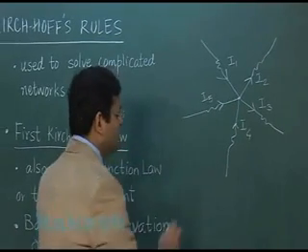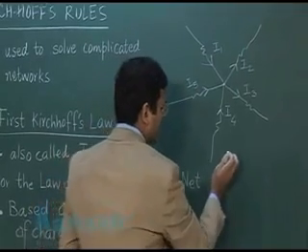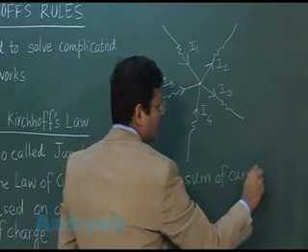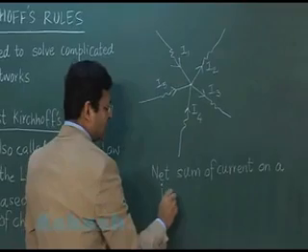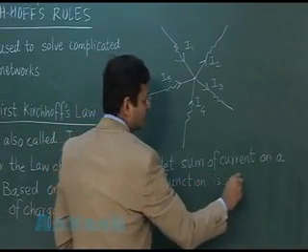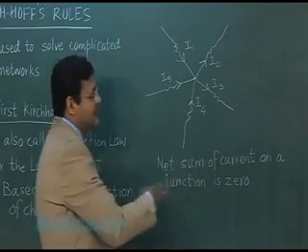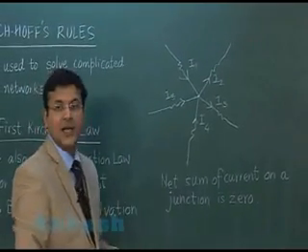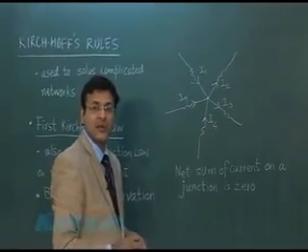So the statement will be that the net sum of current on a junction is zero. This is the statement. If you apply this statement on this particular junction, then take one direction to be positive and another direction to be negative.